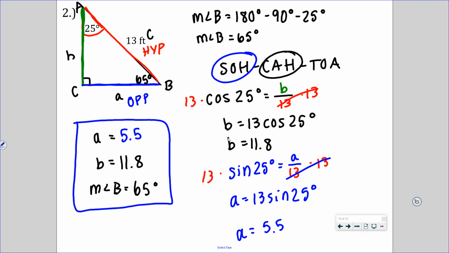One last thing I want to show you guys on your calculator. I don't know if my 7th hour said they didn't know this. So I do want to show you, like say you wanted to use side B and then use Pythag. You can do that. That's fine. But what you try not to do is use 11.8 because that's technically like a rounded answer.